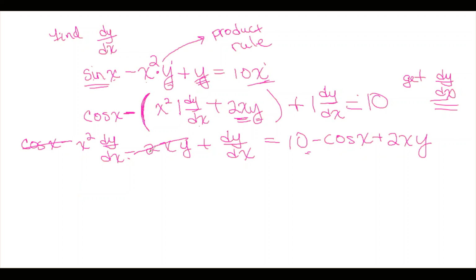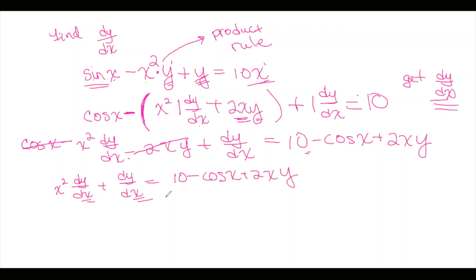That will leave me with, I'll write it small because I need some room, x squared dy/dx plus dy/dx is equal to 10 minus cosine x plus 2xy.